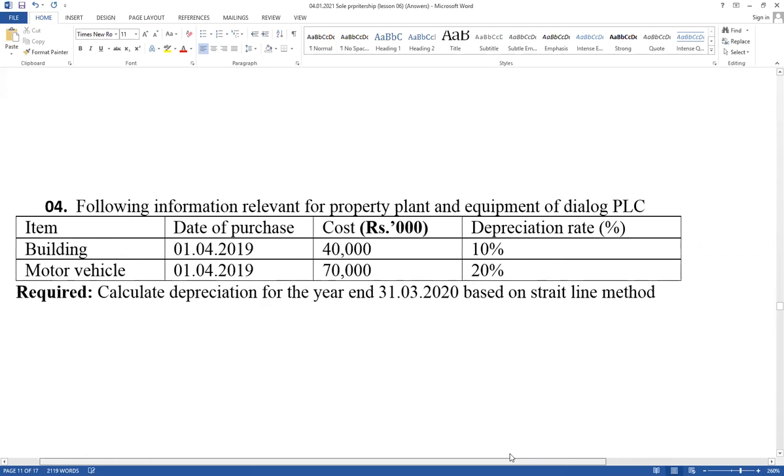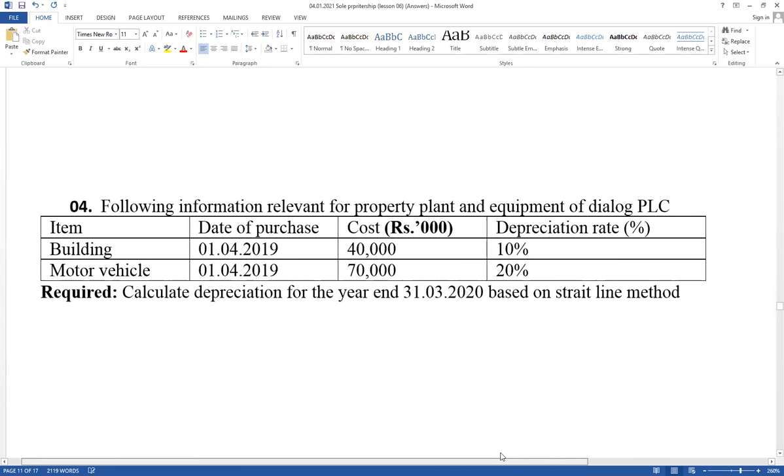There are two assets available. Not given residual value, not given useful lifetime, but the method is given: straight line basis. There's annual depreciation for the year ended 31st March 20. Our accounting period ends at the end of the year, 31st March 20. Try to calculate building and motor vehicle depreciation.